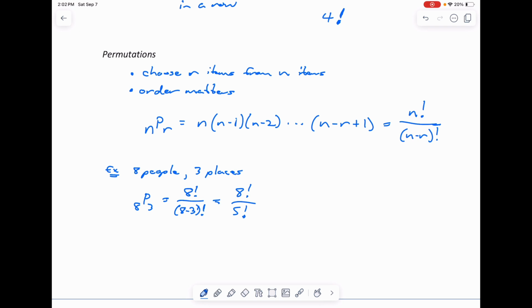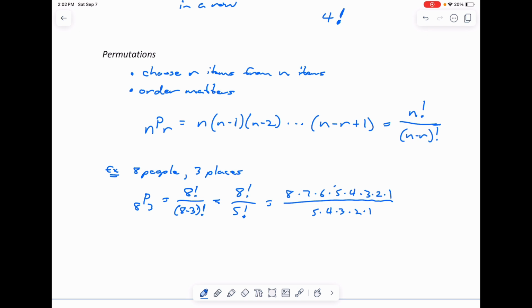If we simplify this down, we get 8 factorial divided by 5 factorial. Think again about what factorial means. Factorial means you are multiplying 8 times 7 times 6 times 5 times 4 times 3 times 2 times 1. 5 factorial is similar: 5 times 4 times 3 times 2 times 1. Because we are multiplying in a fraction, we can cross off things in the top and the bottom that are the same.